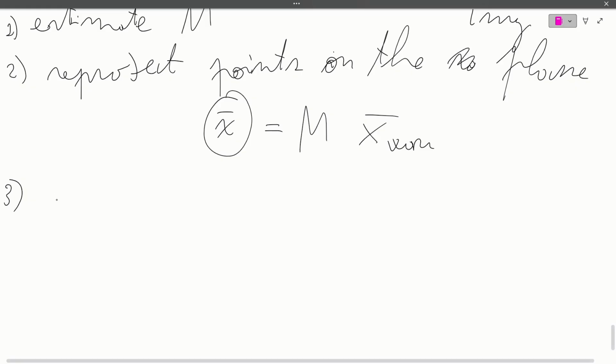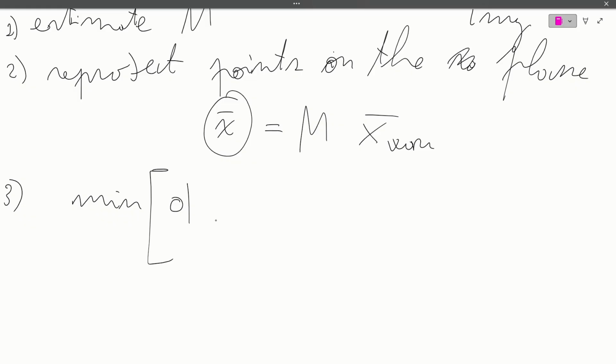Then three, we can minimize. I don't want to write all the formula because it's huge, but we want to find the minimum of a distance, squared, between the X that we have found now and the real X in the image plane.